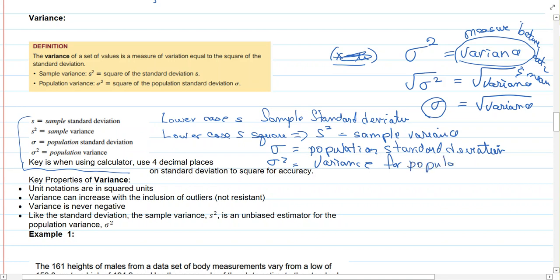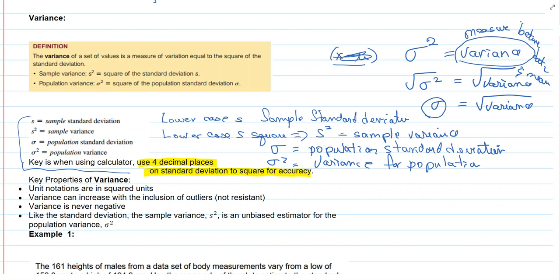There's a question on all of that in your homework so that you can get familiar. Now, what I have typed in here is that I don't want you to calculate the variance manually. What I want you to do is use 4 decimal places on a standard deviation and square it. Then round to the place that they say, and it will come out correct.